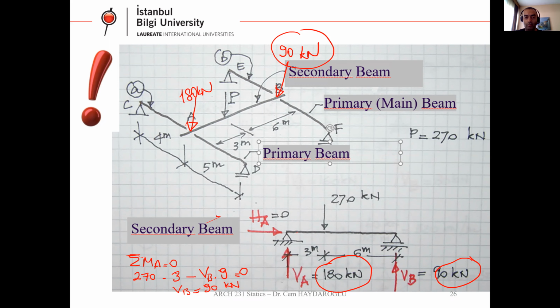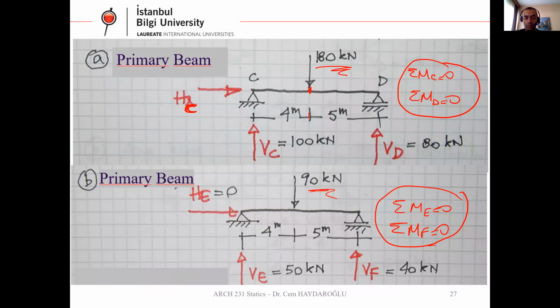After that, for each primary beam with their loading, we calculate support reactions. We assume each primary beam is a simple beam, and we did these calculations. So that's all for this question.